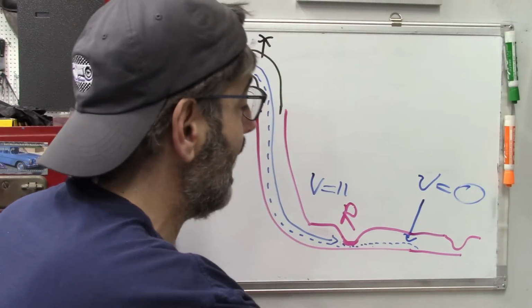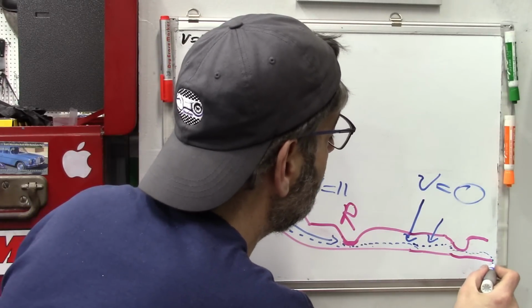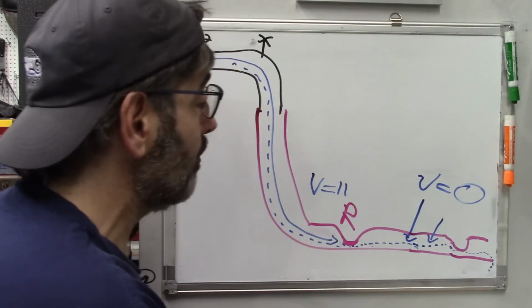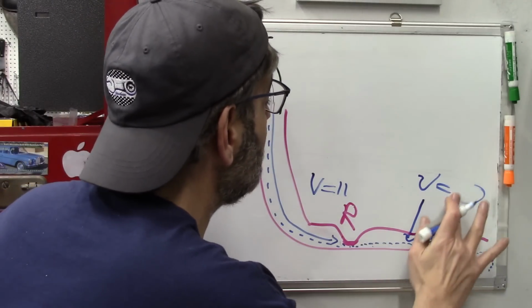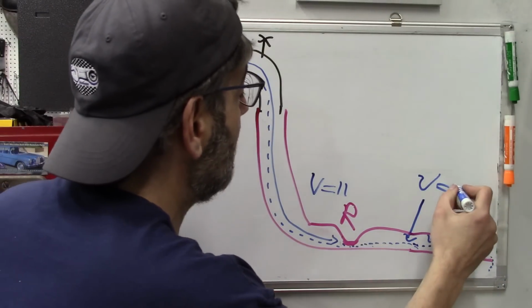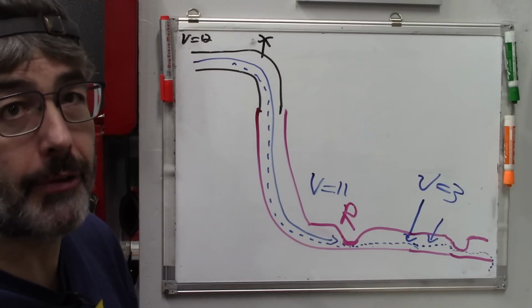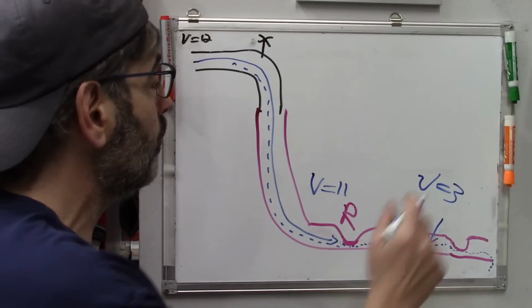Now, in this case, we reduce our flow even further because we've got this second resistance. We will have a voltage here, maybe it will be 3. There's also Kirchhoff's law that all of your voltage drops must add to the source voltage.